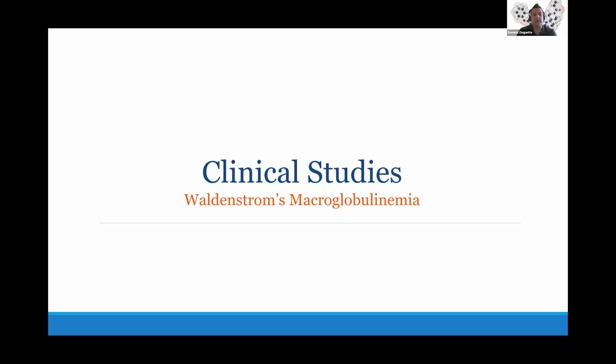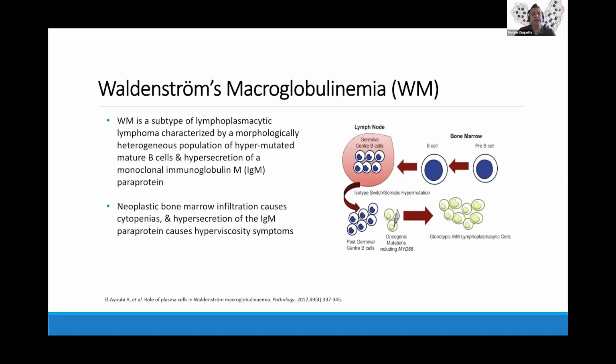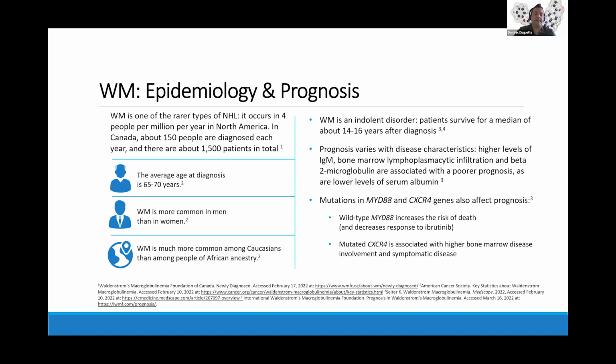So a bit about clinical studies, Waldenstrom's disease. It's a disease that involves the IgM. It's a bit of a bridge between non-Hodgkin lymphomas and multiple myeloma because it's the IgM that's involved. It's a disease that is more for old people, with an average between 65 and 70 years old, more common in men than women.